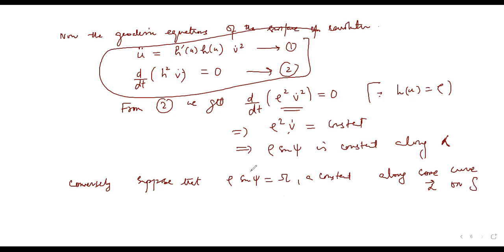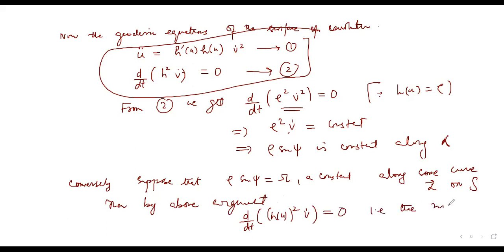So if this is so, then by the above argument you will get d by dt of h of u square into v dot is equal to 0, that is the second geodesic equation is satisfied by alpha.